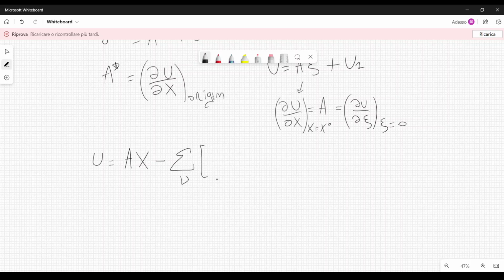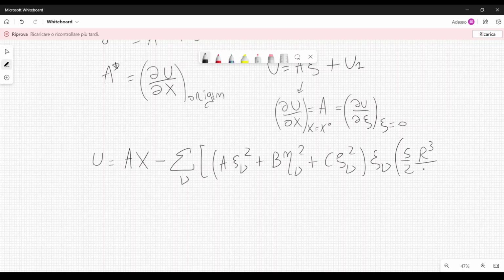And then here I have a very similar expression to the expression that we found earlier. So we have a xi nu squared plus b eta nu squared plus c zeta nu squared times xi nu, and here we have 5 over 2 r cubed over rho nu to the fifth power minus 5 over 2 times r to the fifth power divided by rho nu to the seventh power.